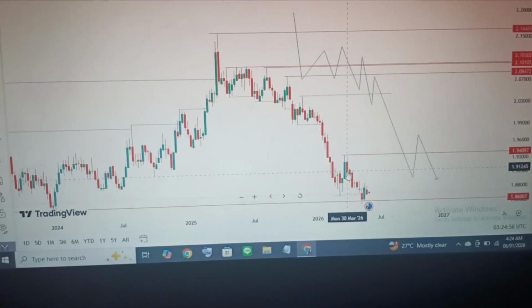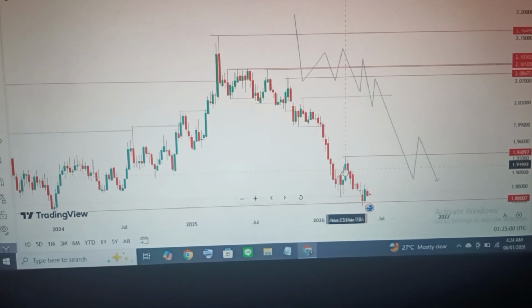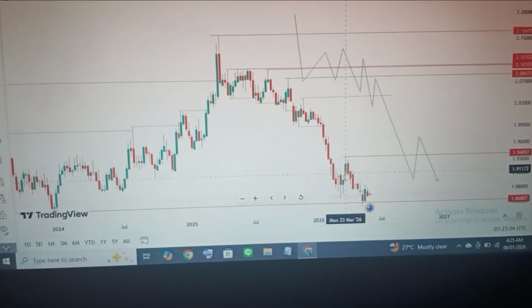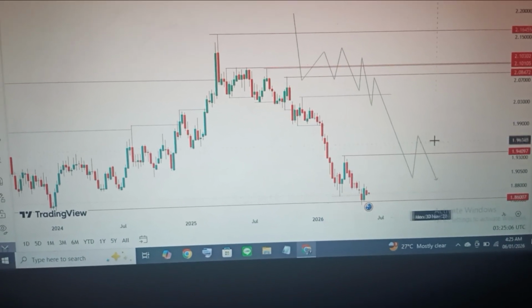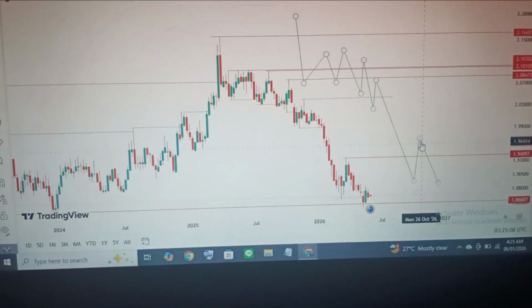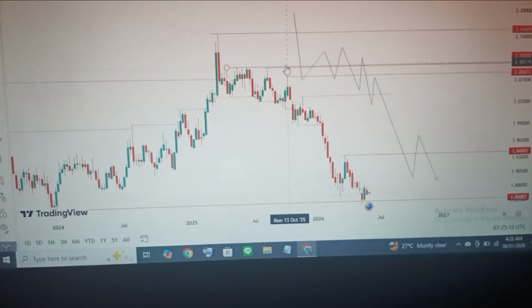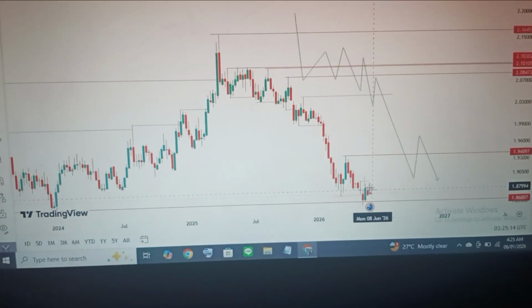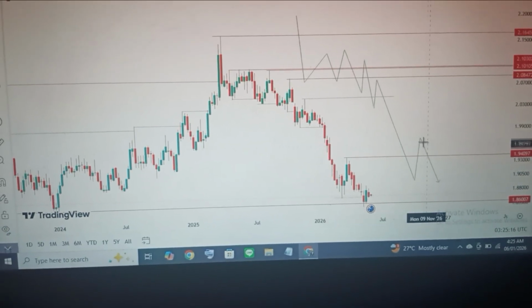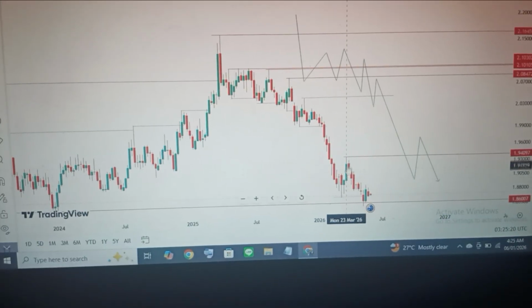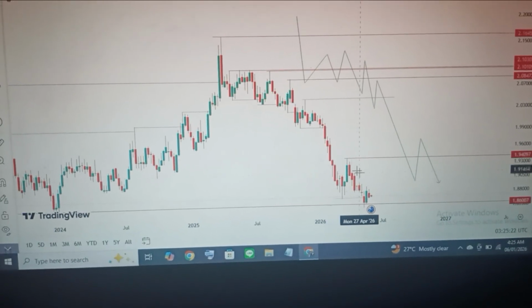We have already completed the correctional phase, and the impulsive move has already kicked in, aligning with the current trend structure of the market. So it's easier to place trades since the market has already corrected itself from the correction phase. Now it's already pushing in line with the structure.